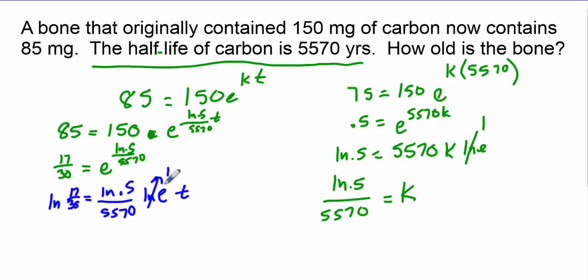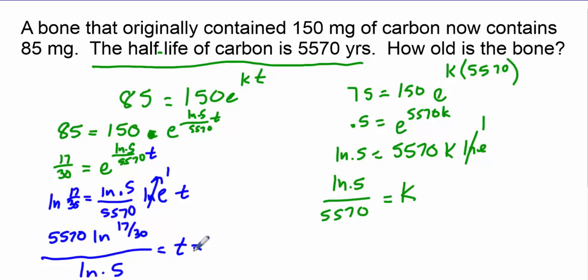Then multiply by the reciprocal to get my answer: 5570 times the natural log of 17 over 30, over the natural log of 0.5, is equal to t, which gets me to 4,564.21. That gets the problem done.